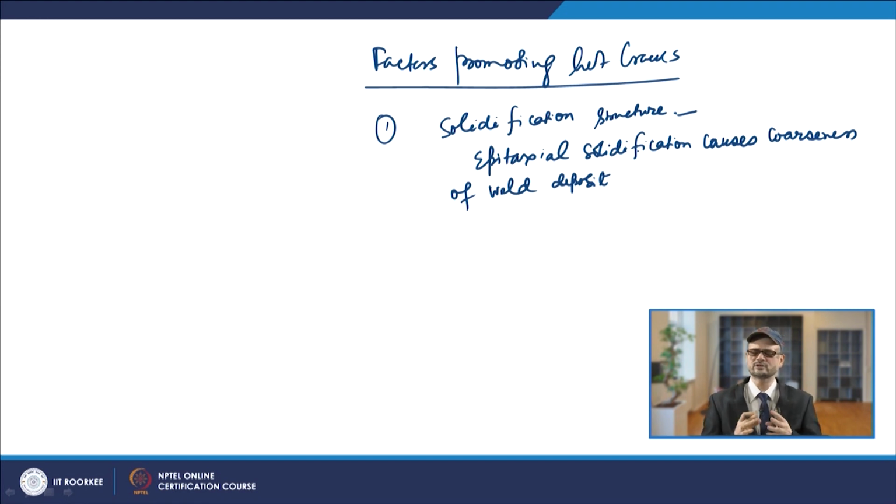So, the type of solidification structure you obtain also affects the cracking tendency, because in high speed welding you will have these columnar grains.